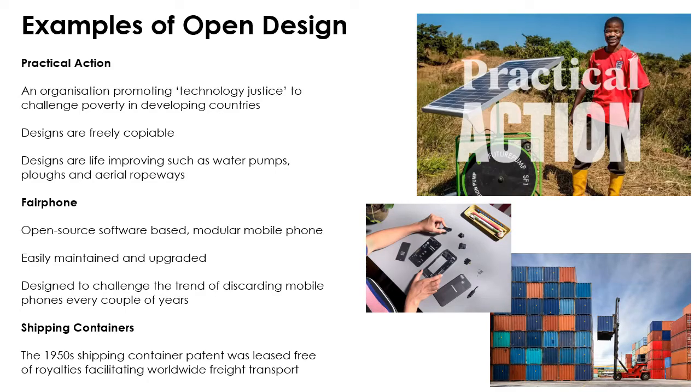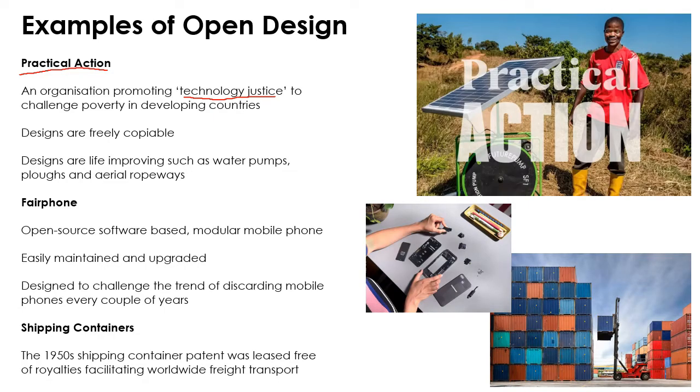So here's some other examples of open design, really good examples actually. The first one is an organisation called Practical Action. You'll find these examples in the revision guide, but I just thought they were really, really good. Practical Action, if you Google it, they promote something called technology justice, which I guess means that everyone should be able to have access to these different things that can help in life.